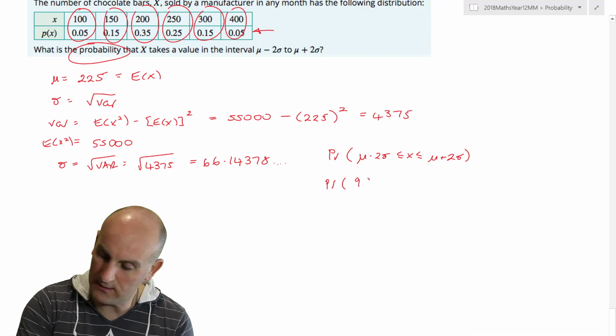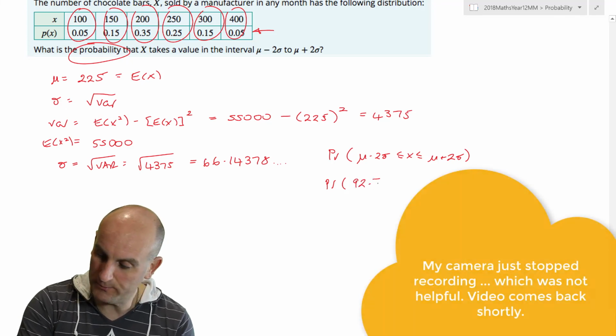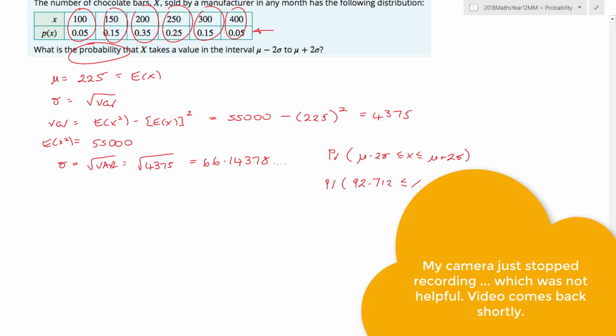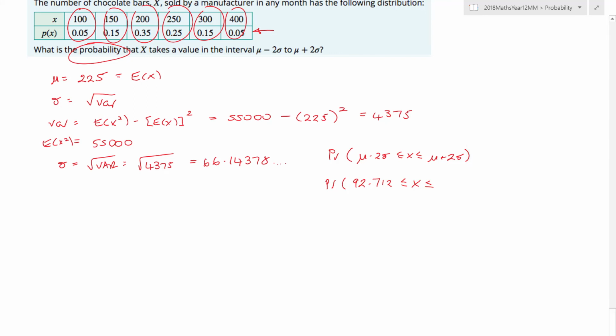So 92.712. And now going back to my calculator, I'm just going to change that to a plus, and I get 357.287.